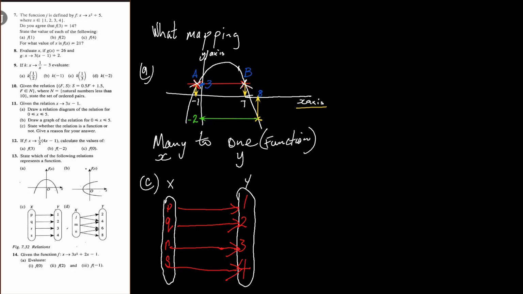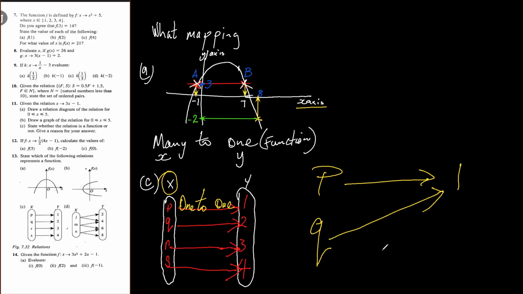You're explaining part C. I am saying part C is a 1 to 1 mapping. It's one number, which is the P, mapped onto one number in the domain. There is not a number like Q being mapped onto the 1 as well.